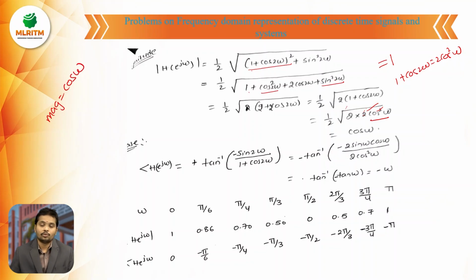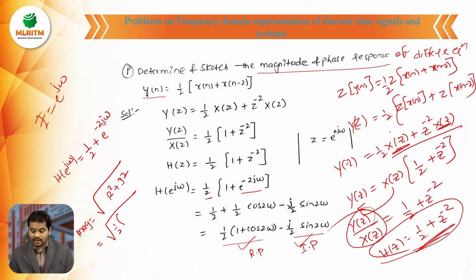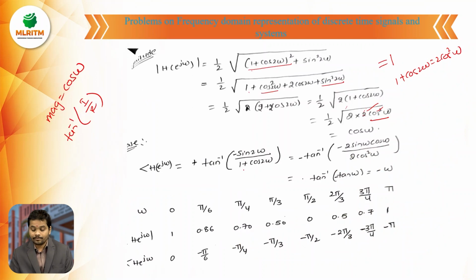Similarly, for phase response, we take imaginary by real. What is the imaginary part here? Minus 1 by 2 sin 2 omega, and 1 by 2 times (1 plus cos 2 omega) is the real term. So the phase is minus tan inverse of sin 2 omega over 1 plus cos 2 omega. Sin 2 omega is 2 sin omega cos omega.